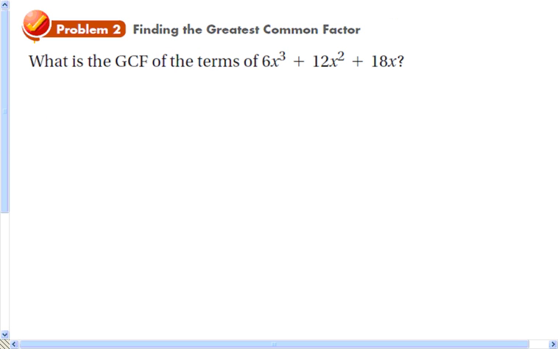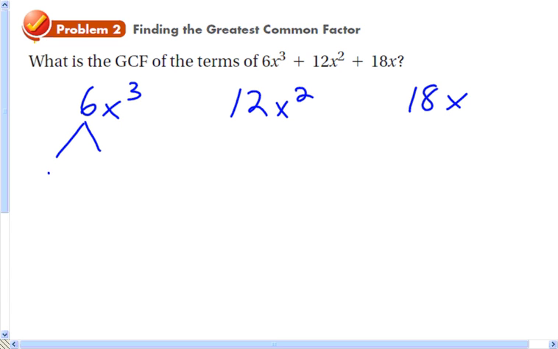All right, so what is the greatest common factor of the terms 6x cubed plus 12x squared plus 18x? So let's write these down here and try to write all the factors of each of these numbers. We're going to use a factor tree to help us here. 6 is 2 times 3, written with prime factors.